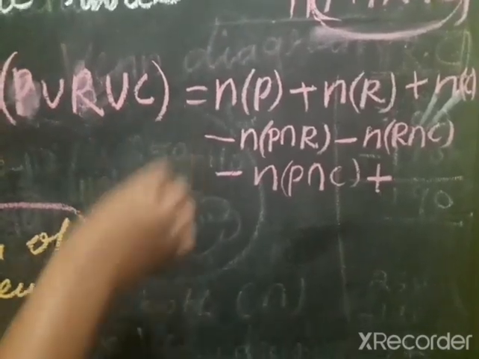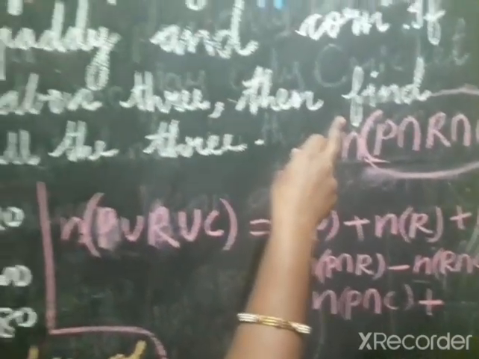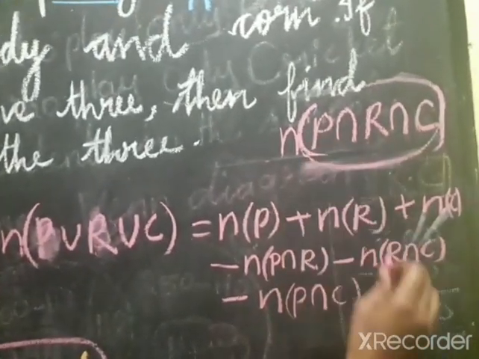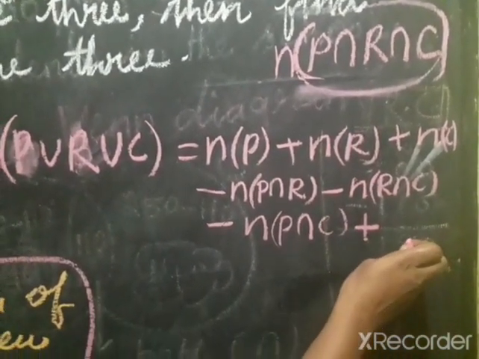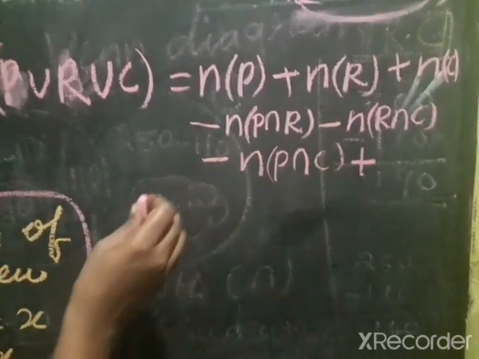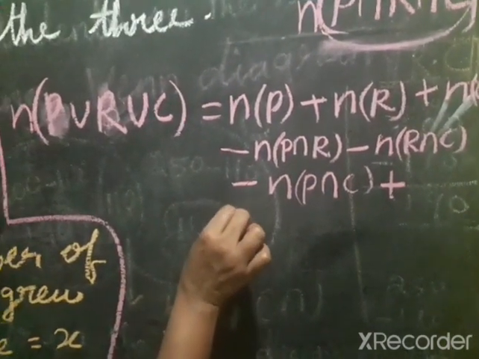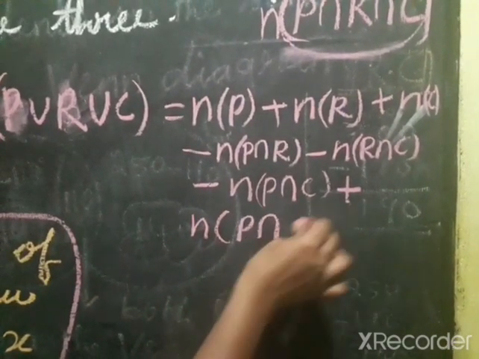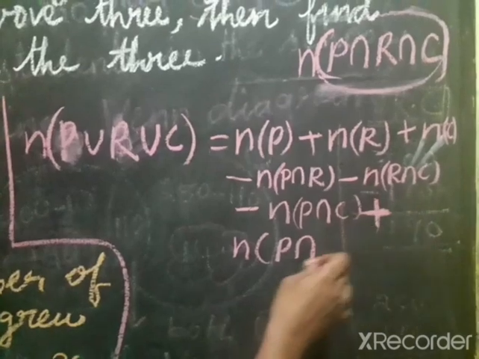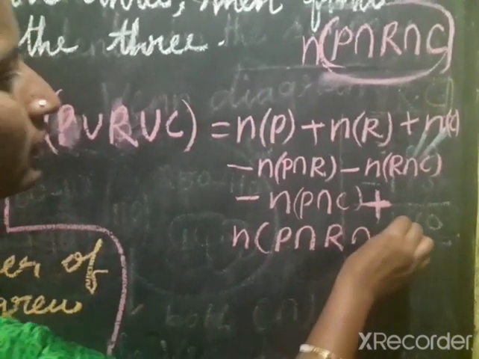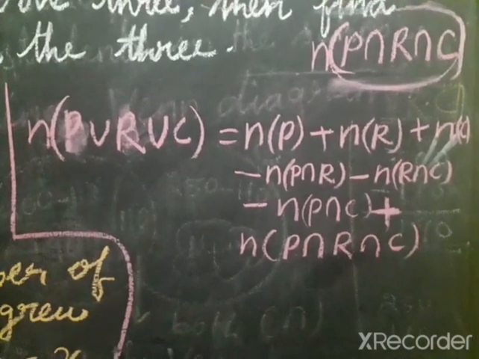And for three sets, the number of farmers who grew all three means N of P intersection R intersection C, so we write plus N of P intersection R intersection C. Clear? This is a very easy formula.